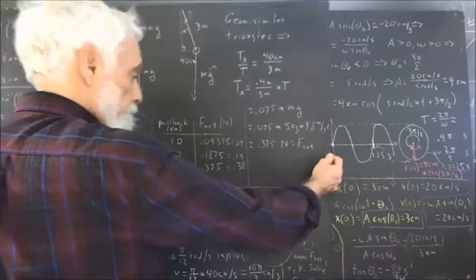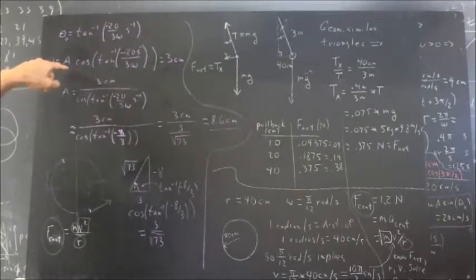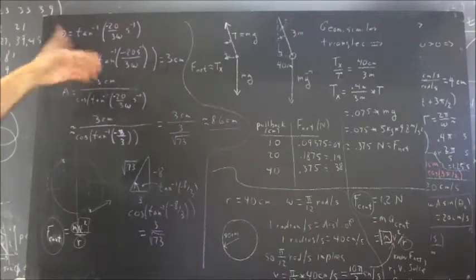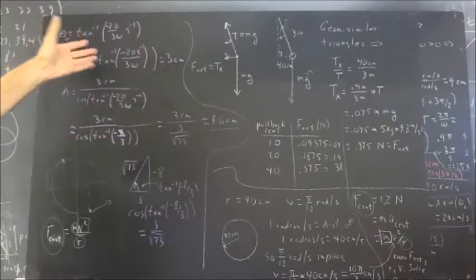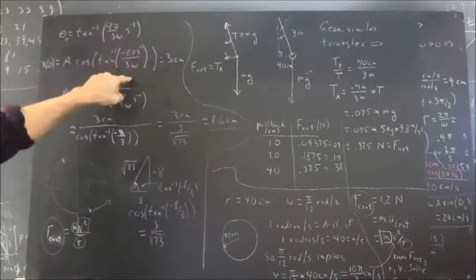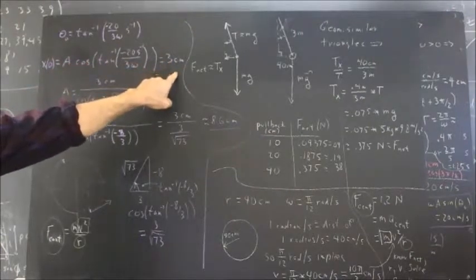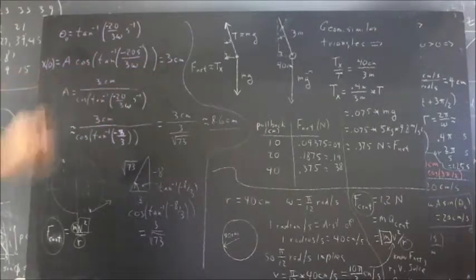And what we get is x of 0 equals a times the cosine of theta naught, theta naught being this. So there's our a cosine theta naught, and that has to equal 3 centimeters since that's our x of 0.